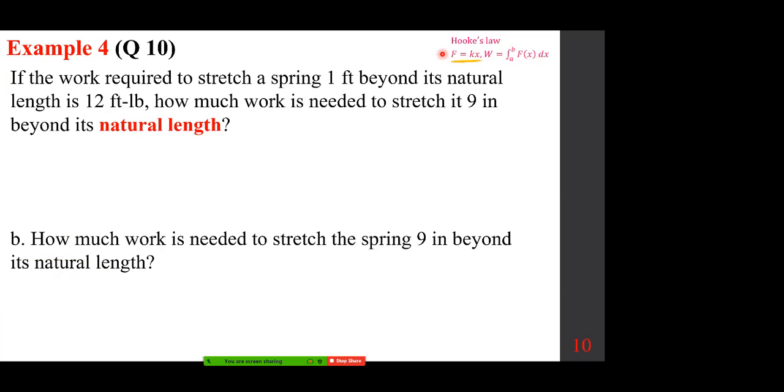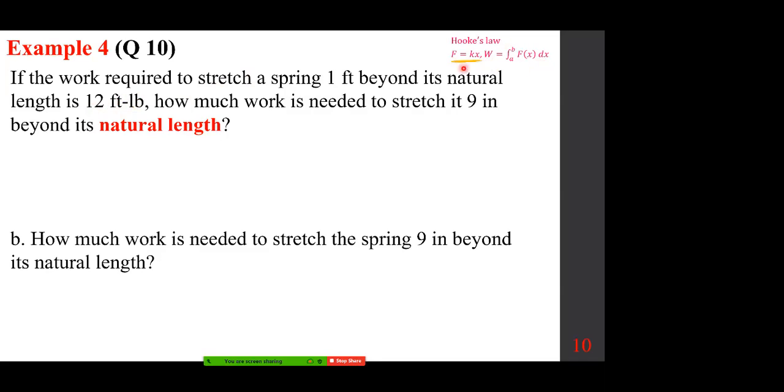So that means if we are going to go 1 foot beyond, that means this is from 0 to 1. Again, we are using, in this case, the old British system. So the integral of a to b becomes the integral of 0 to 1 f of x dx, okay? And we are going to use kx dx, and that is equal to this number, which means we work it out and we find the k.